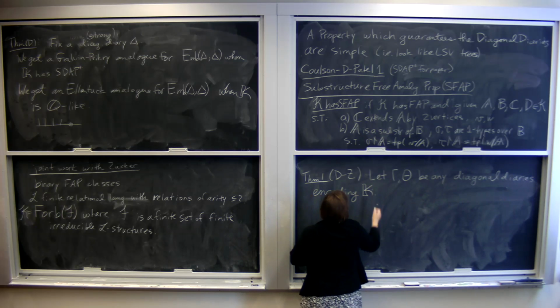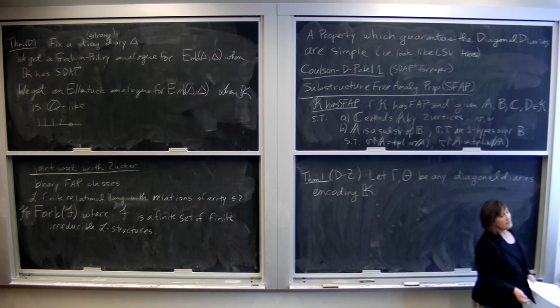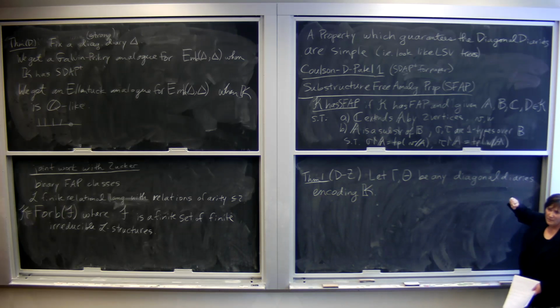Okay, right. So diagonal diaries are essentially diagonal antichains, which have some more pieces to them because now they are coding how fast the pieces of your forbidden substructure appear, which affects which structures are able to extend the finite structure that you've built so far.